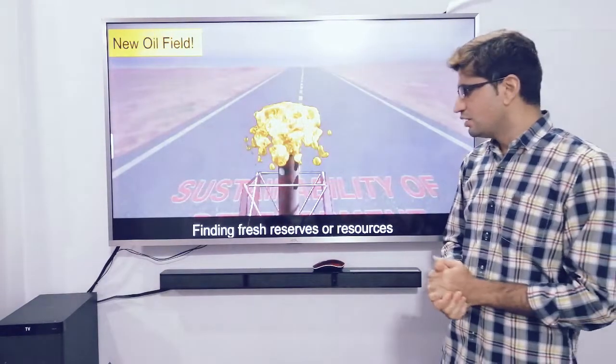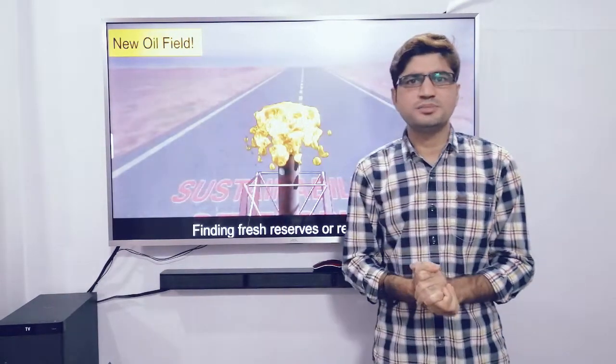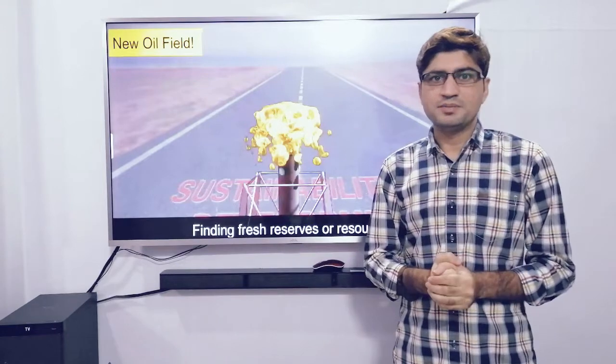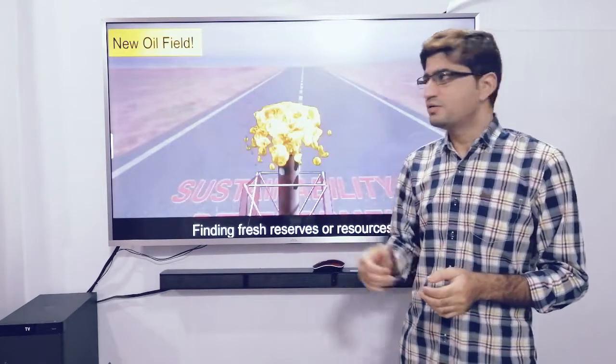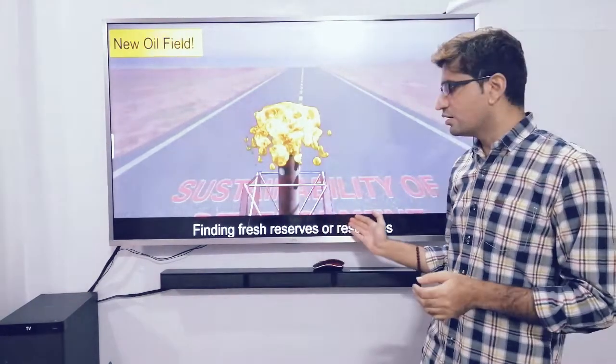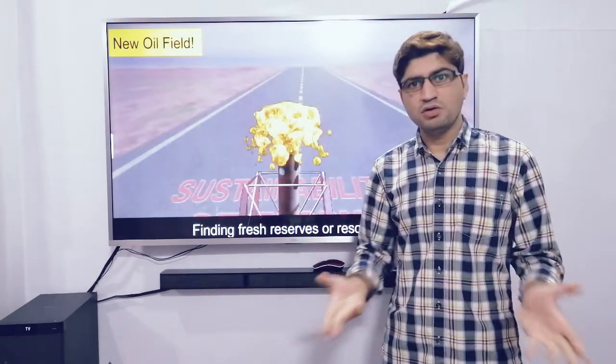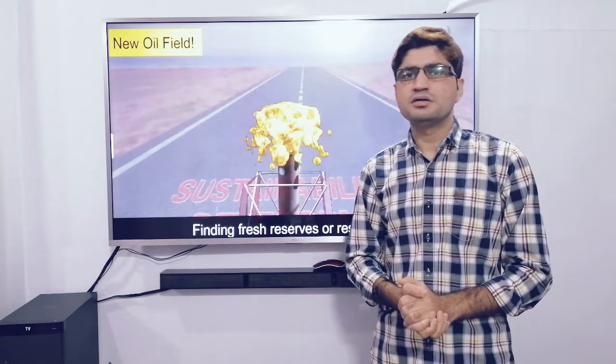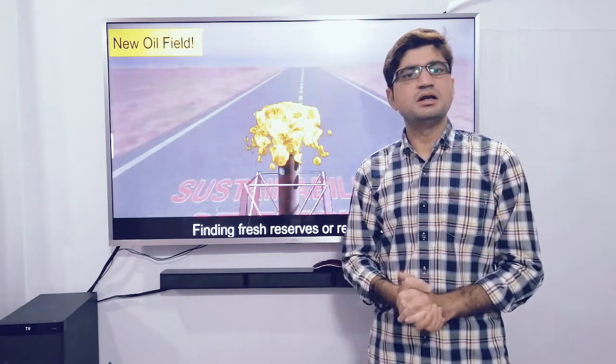New oil fields, finding fresh reserves, but if available, there is a question mark. We can find new fields of mineral oil as well as coal and minerals, but only if available. With today's technology we are trying to find new reserves, but unfortunately it's not possible because there are only limited stocks.